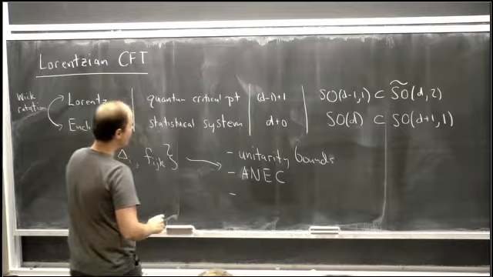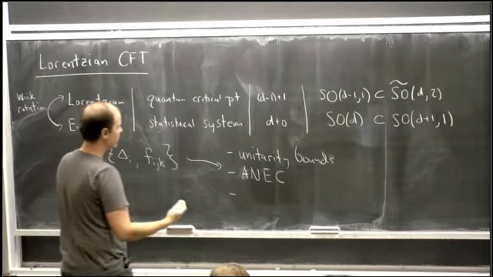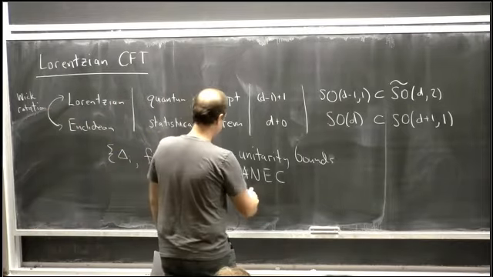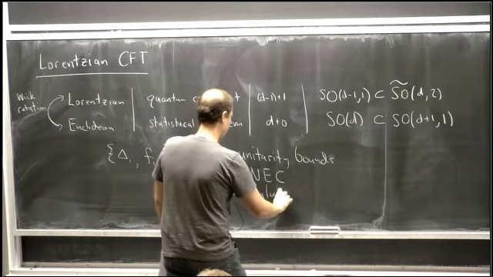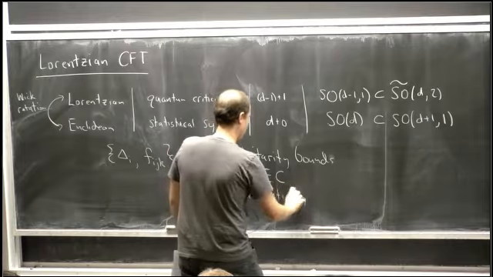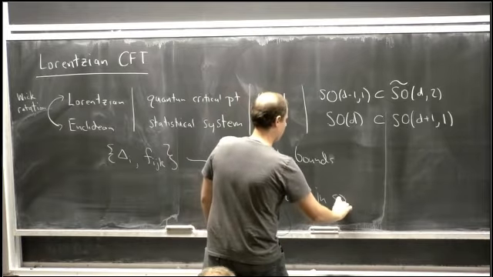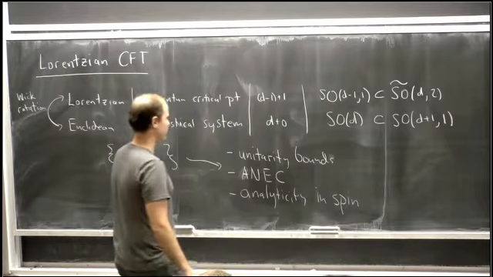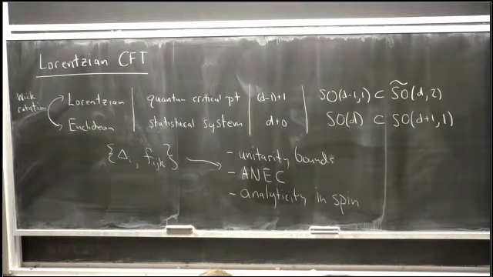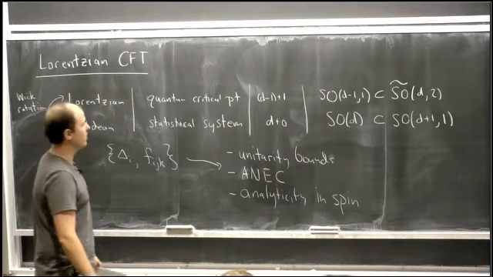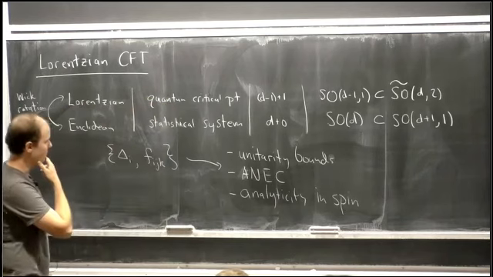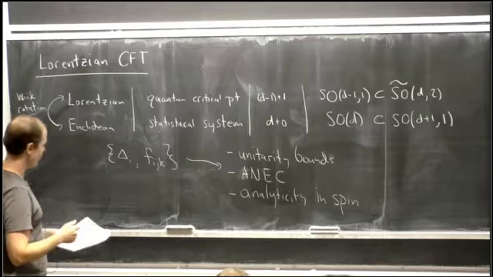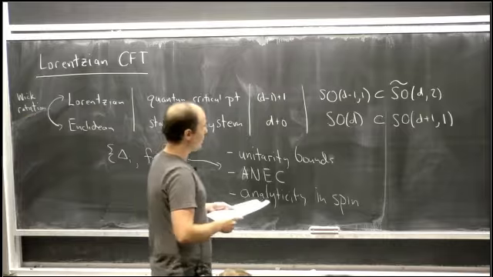And another property of CFTs that becomes clear in Lorentzian signature but is deeply hidden in Euclidean signature is analyticity in spin. In fact, in Euclidean signature, that sounds like a totally ridiculous notion. So we'll explain what it is in Lorentzian signature and hopefully derive it. Okay? So that's the plan.